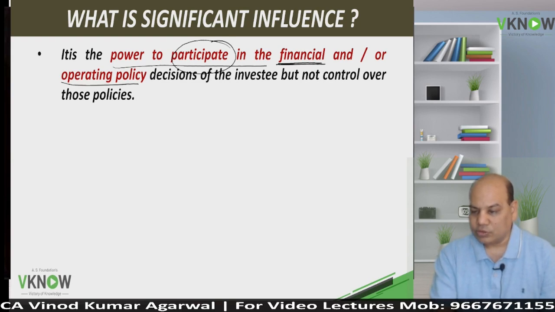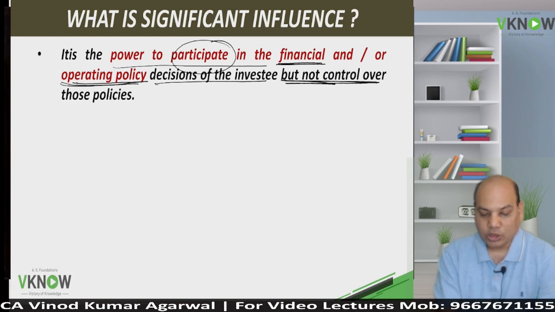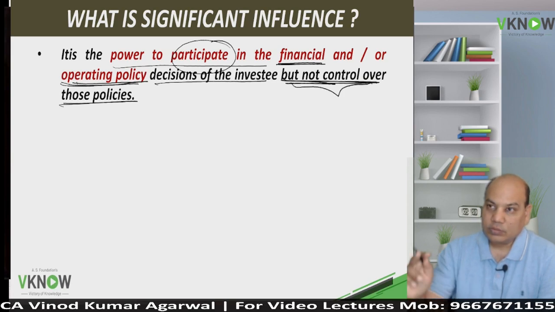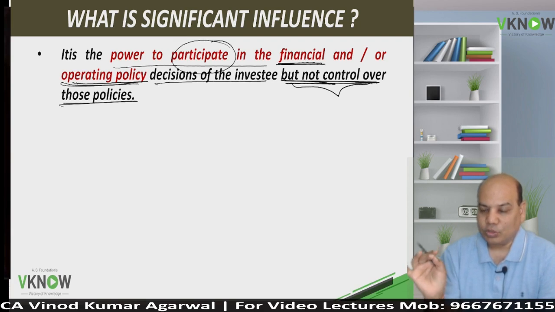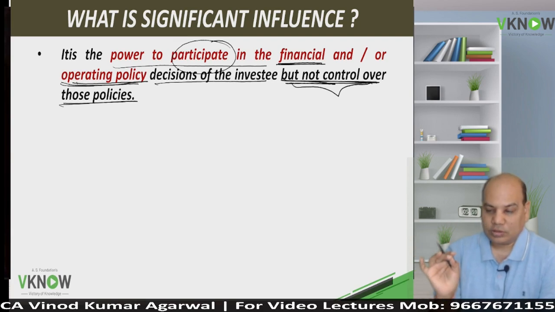Financial policy also, operating policy also, or both. So you have the power to participate in financial and operating policy decisions of the investee, but you don't have control over this policy. You don't have control, because if you have control, AS21 will apply. You can participate, but you are not able to control. You do not have control over these policies.